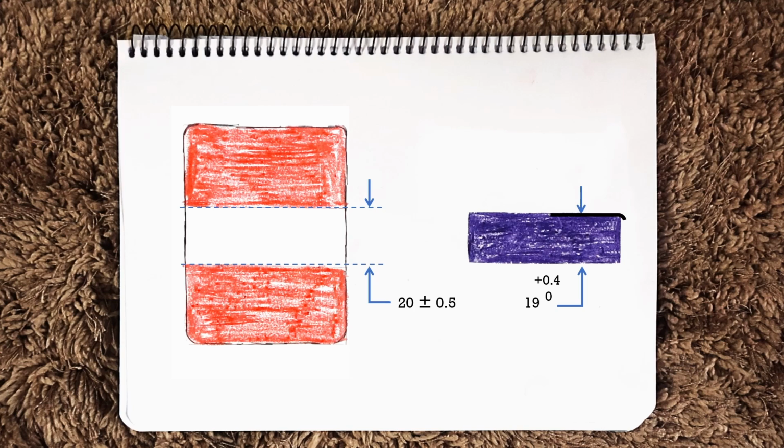So even in the worst condition, means if the shaft is at largest size 19.4 mm and the hole is at lowest size 19.5 mm, even then at least 0.1 mm of clearance will always be there. Here the 0.1 mm clearance is too loose, but this is just for demonstration.